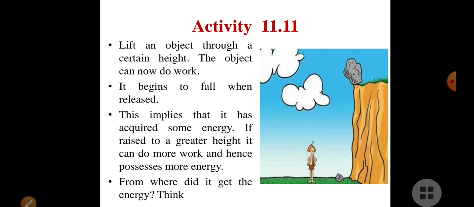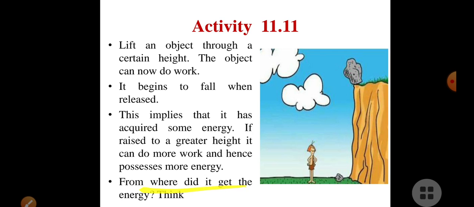When we allow it to fall, then it will fall and it does work. Means force will be applied by it and displacement will be carried out. And if it is carried to a greater height, then according to the formula mgh, as it directly depends upon height, the more the height, the more potential energy possessed by this stone.